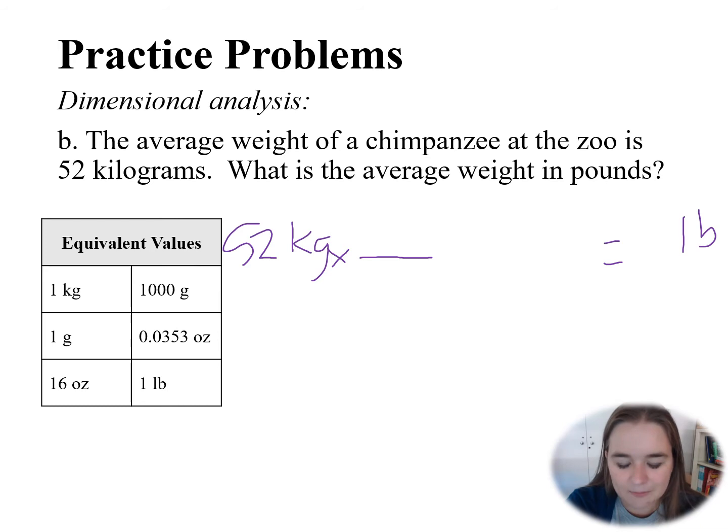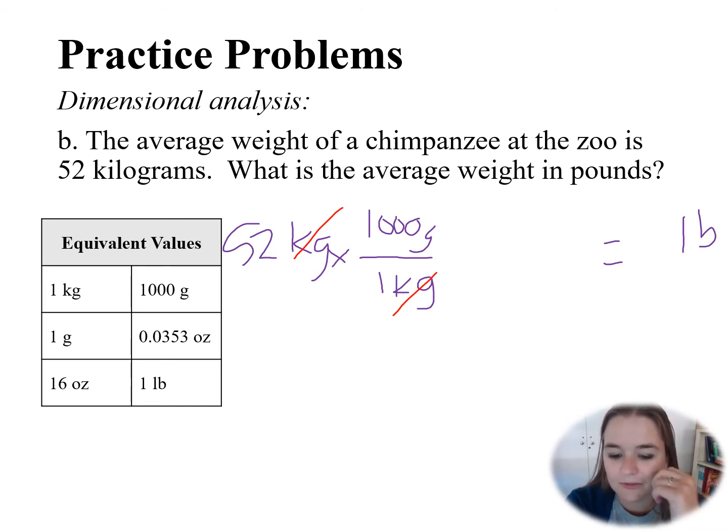So 1 kilogram over 1,000 grams equals 1, and 1,000 grams over 1 kilogram equals 1. I'm going to write my fraction like this because just like I know if I have a variable on the top and bottom, kilograms will cancel with kilograms. So now if I type in 52 times 1,000, I get 52,000 grams is equivalent to 52 kilograms.